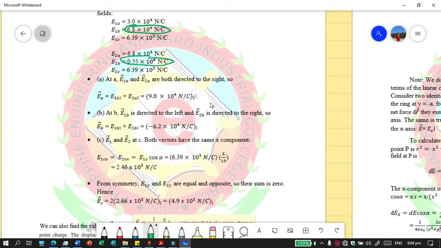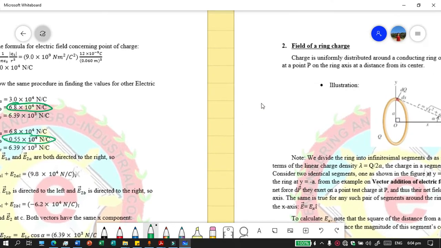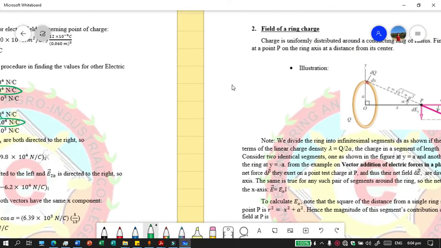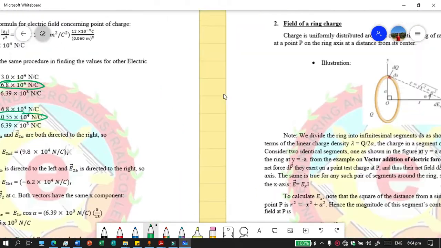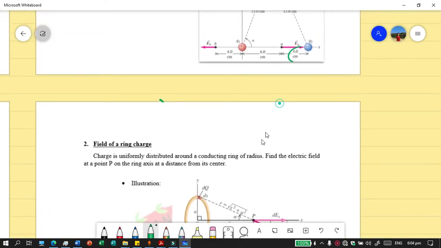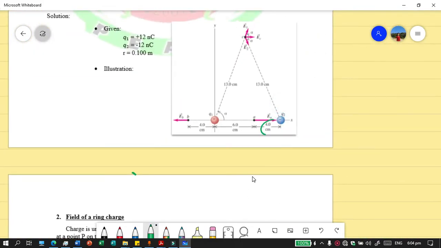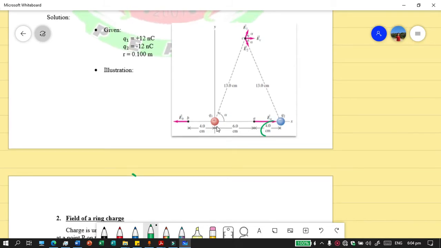So, bakit kaya naging negative? Tingnan natin, ha? E1B, E2B. Sa direction siguro yan. Electric field E1B natin is pataas.